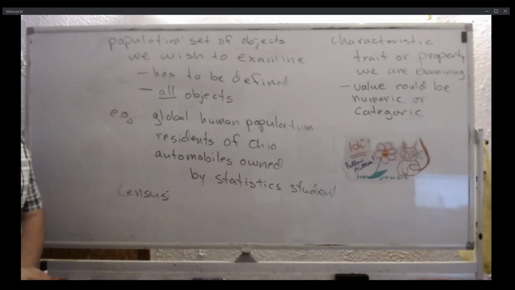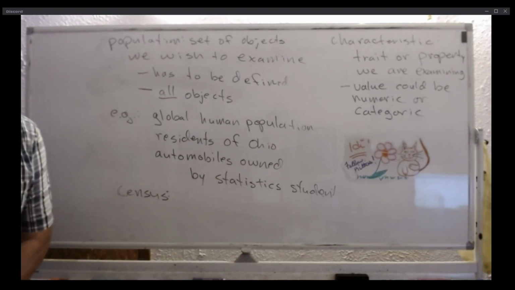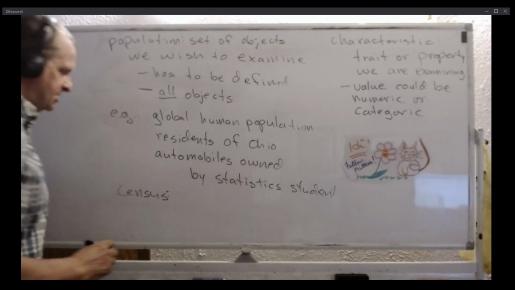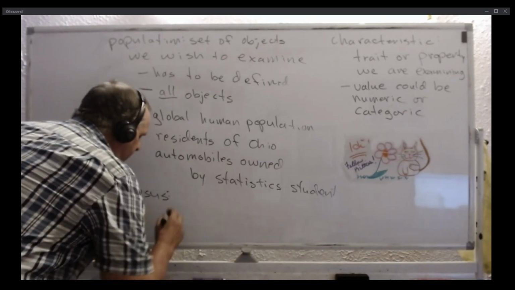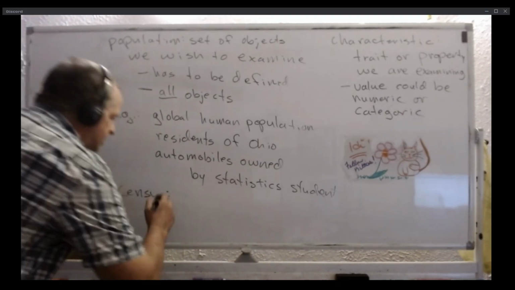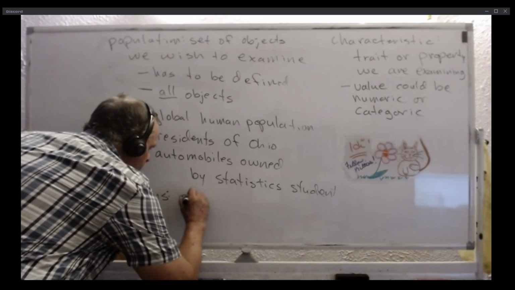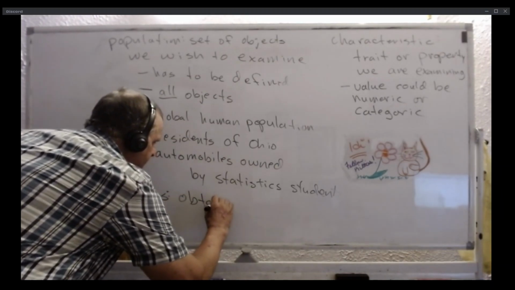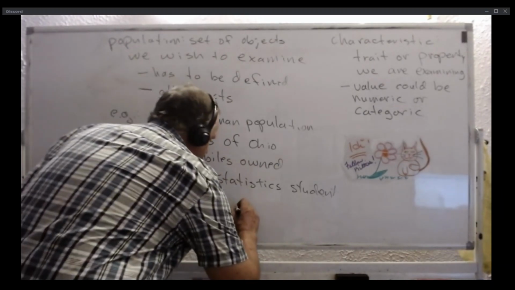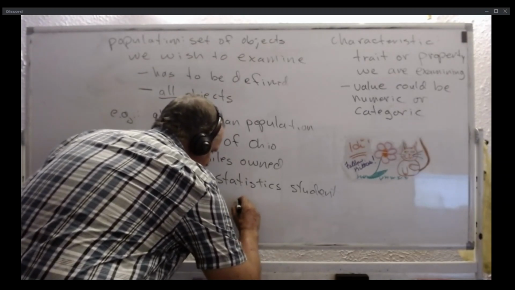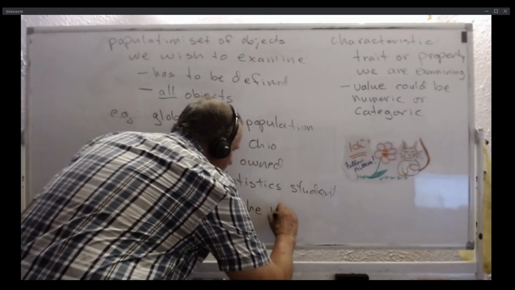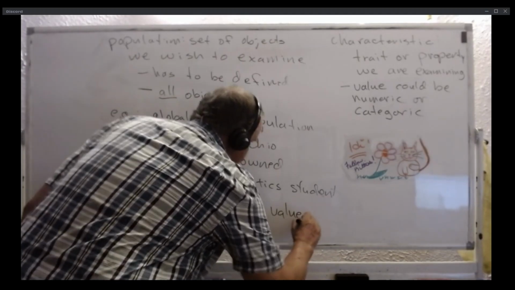The operative words there are all parts. A census is where we have characteristic data, we obtain the values of a characteristic from all members of the population.